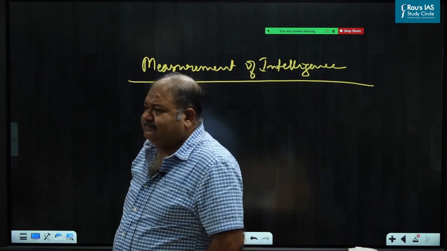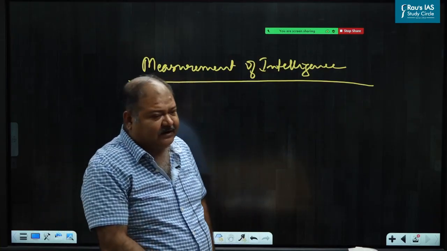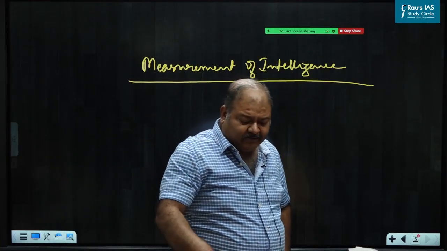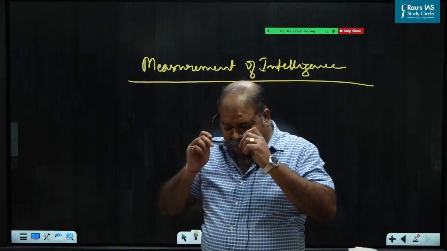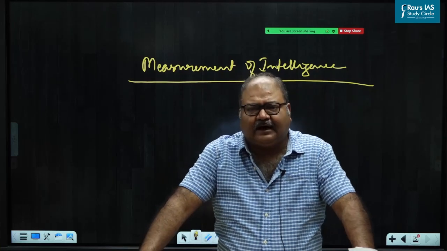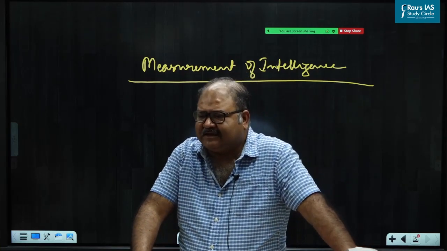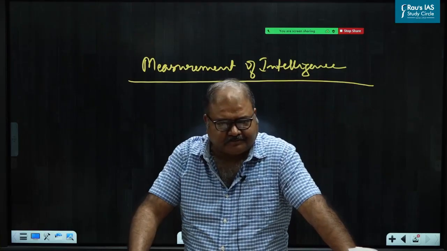Now see, the history of measuring intelligence begins with Francis Galton. Francis Galton was the nephew of Darwin. Now, he was noting down the appearance of stars and comets in the sky through a telescope.